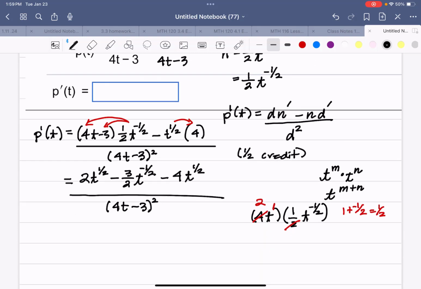Now, I can't leave this like this because I've got some terms that can be combined, and I also have a denominator inside of a fraction. So I can't leave it like that. The rule says if you want to multiply a fraction, you have to do the top and the bottom by the same thing.